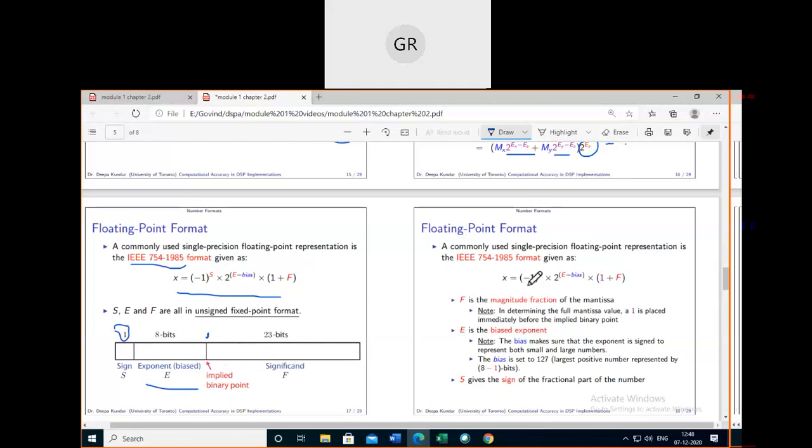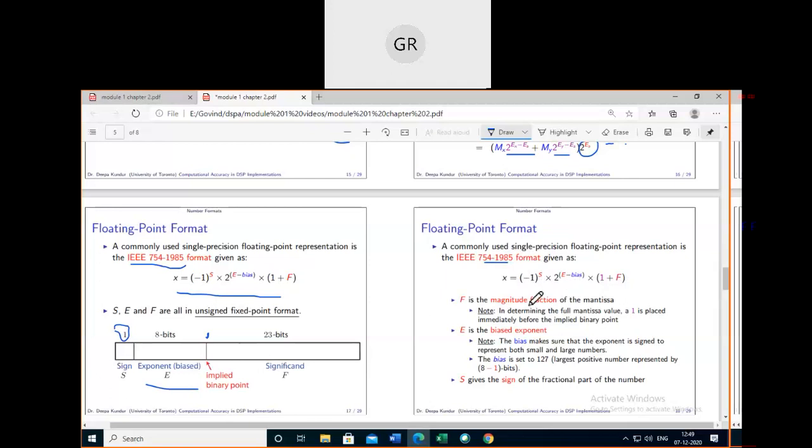A commonly used single precision floating point representation is in the IEEE 754 1985 format. This is the serial number when it registered under IEEE, and this is the year. Just remember x is equal to (-1)^s multiplied by 2^(e - bias) into 1 plus f.